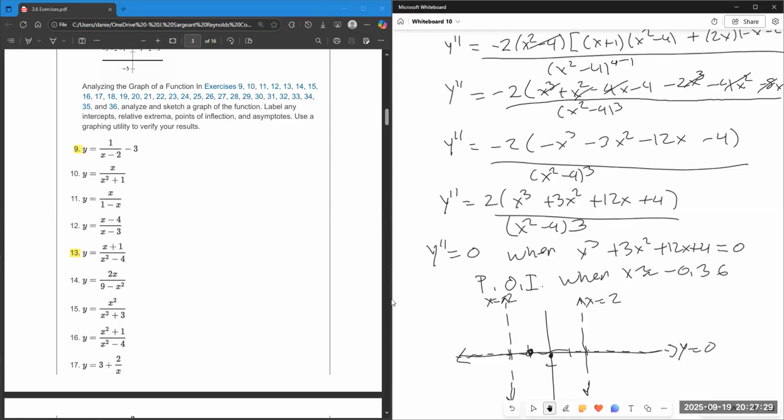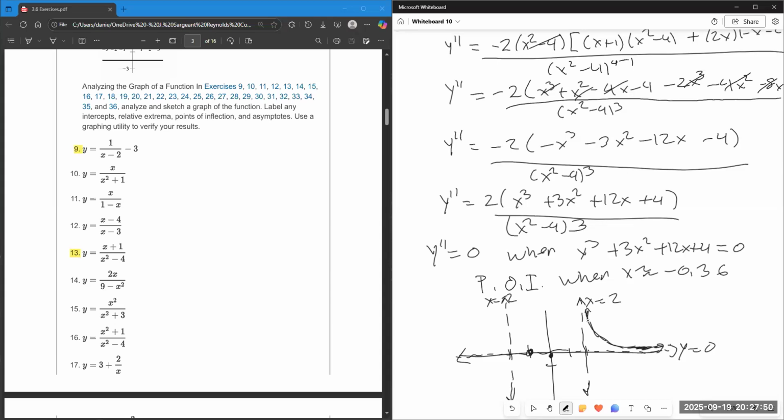And as we approach 2 from the right, this is positive over positive. This is going to go off to positive infinity. I have no x-intercept over here to cross this asymptote, so I'm going to be staying above this axis here, like so.